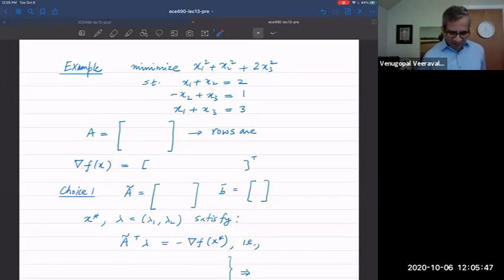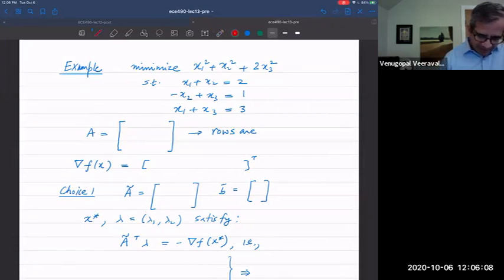But what we care about now is that these constraints are actually redundant. If I look at the A matrix, I'm going to have stuff that's linearly dependent. And what we're going to focus on is to show that the Lagrange multipliers may not be unique in this case. So let's see what we do in this case.